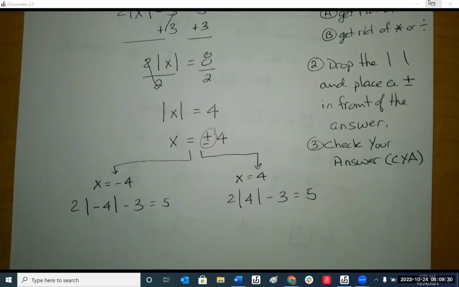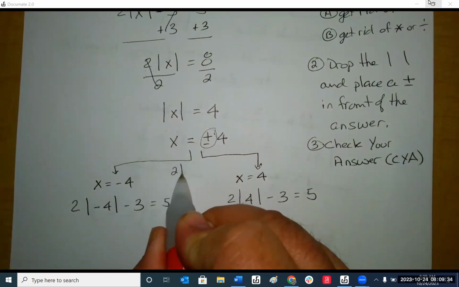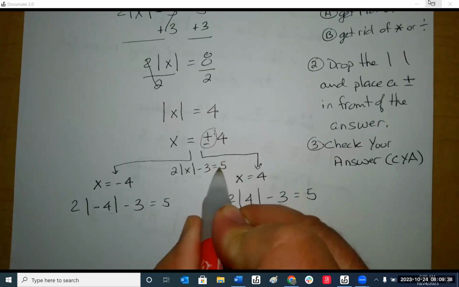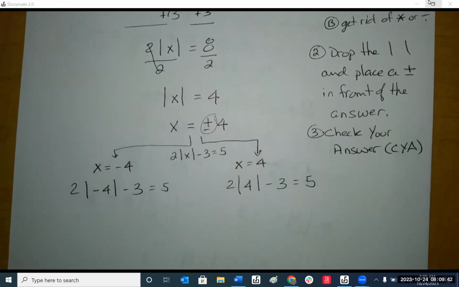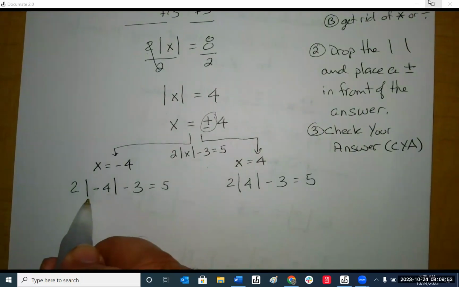Remember, our equation was this. Now we just work it out. Order of operations, do absolute value first.